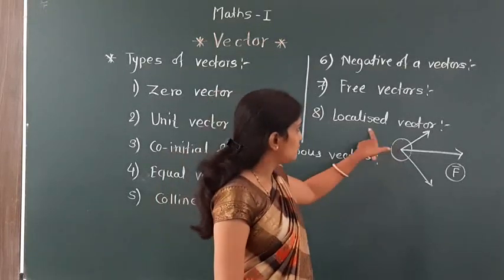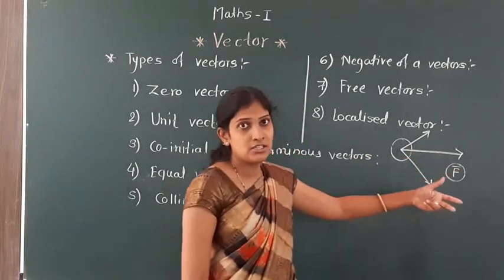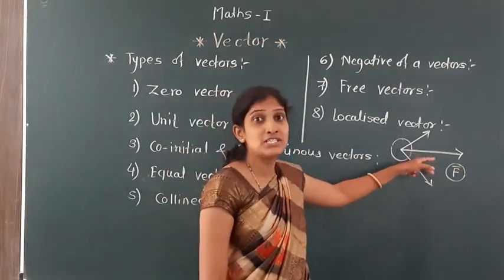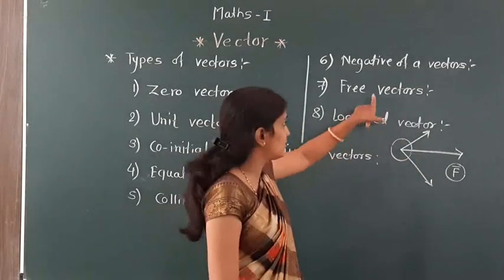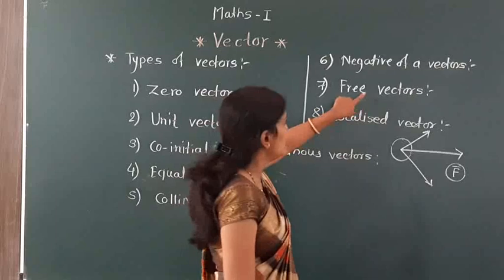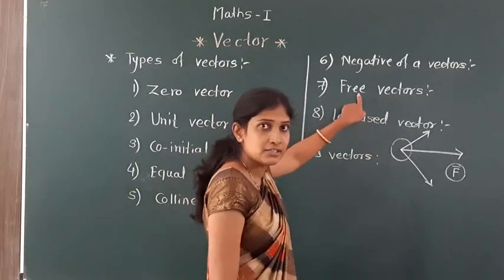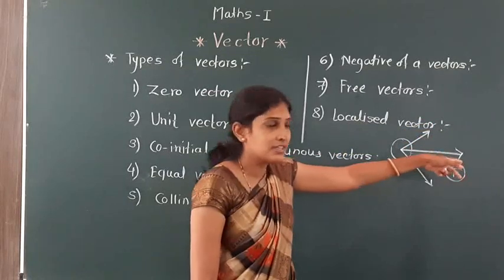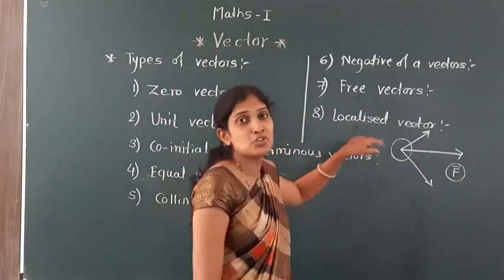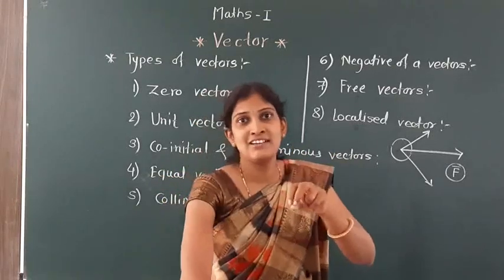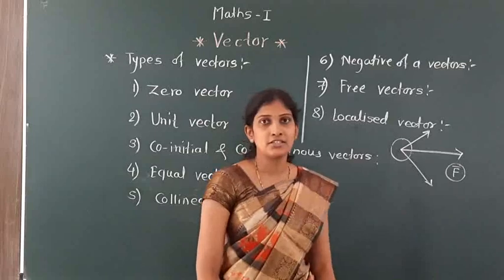We cannot move a localized vector parallelly in space like free vectors. This is the basic difference between free vectors and localized vectors. We can move a free vector from one place to another, but we cannot move a localized vector, because its initial point is fixed.